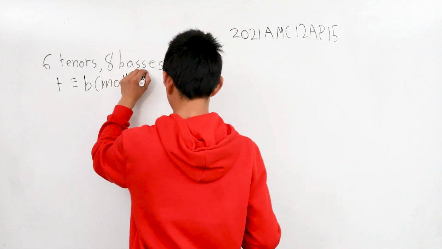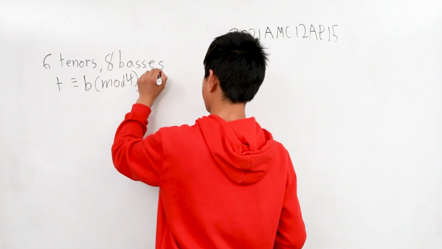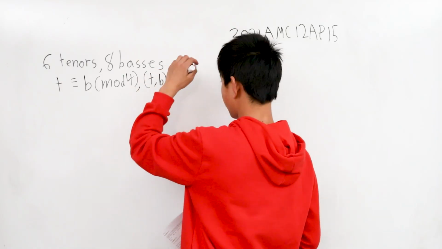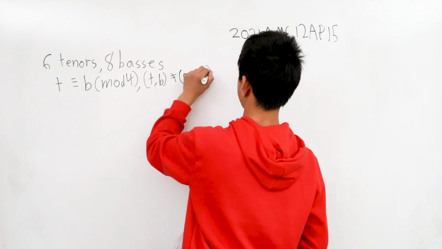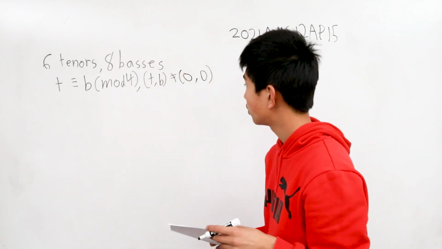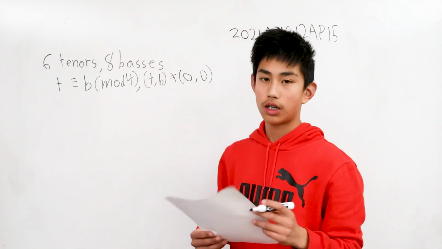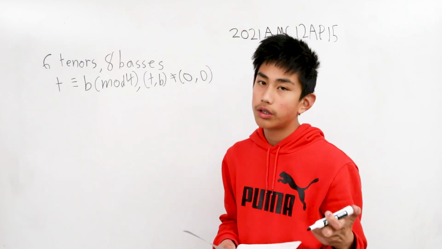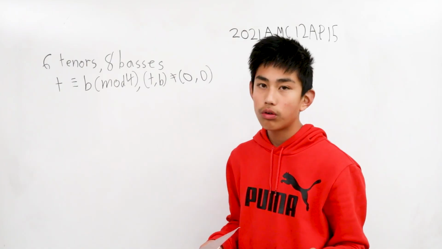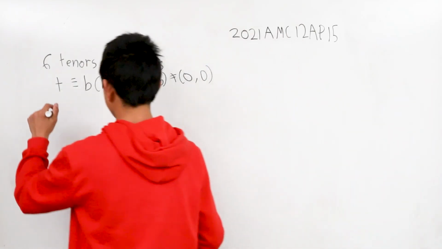And the number of tenors and basses are made in a way such that there is no way that there's 0 tenors and 0 basses. So we have this. Now if we consider the case where there's the basses left out, that are not selected, called B prime.